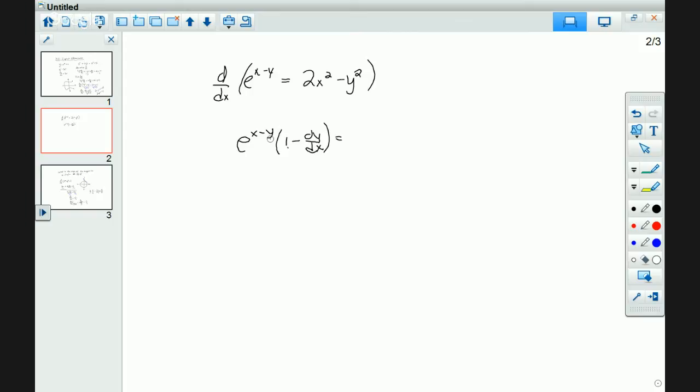Derivative of y is 1 dy/dx. Okay. Now let's do the right side. And then if you wanted to, you could solve for dy/dx.